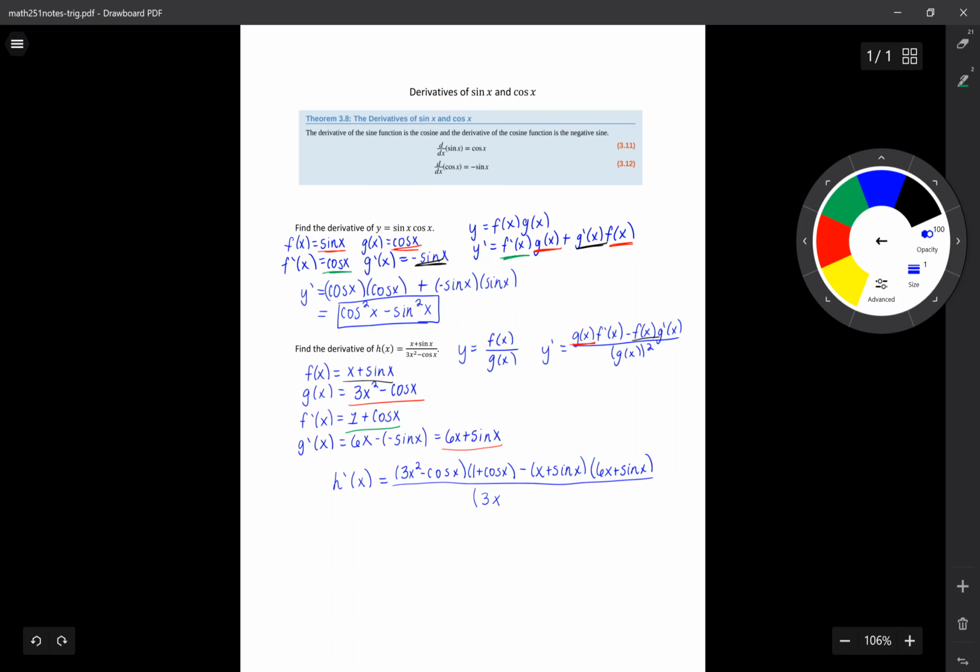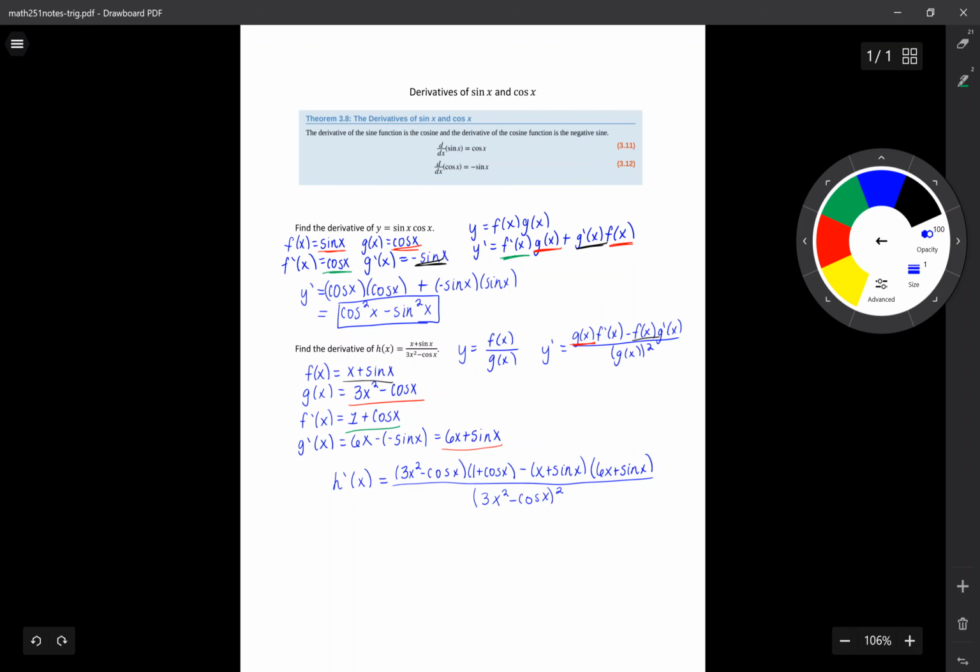That's 3x squared minus cosine x quantity squared. So you could leave it like this. This is correct, but let's see if we can simplify this a little bit.